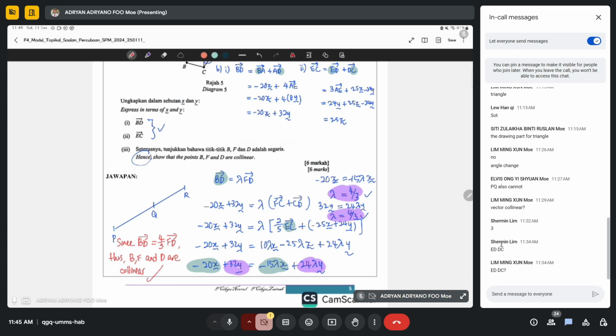After finding lambda, write since this equals lambda times that, then the three points are collinear. Collinear means on the same straight line.